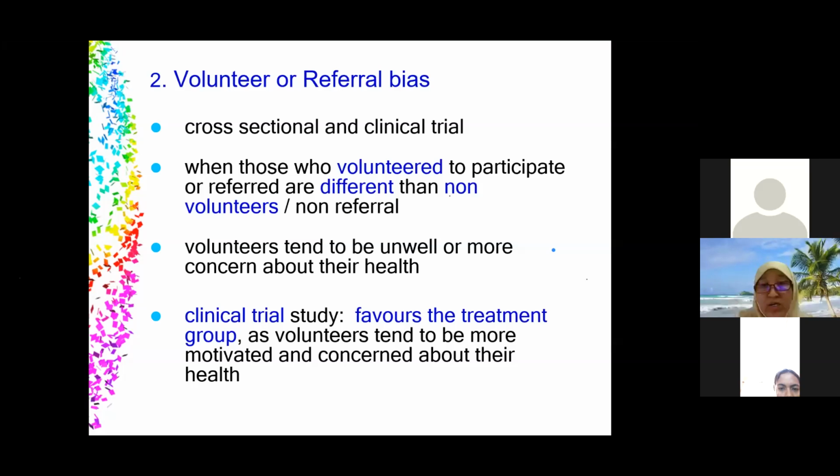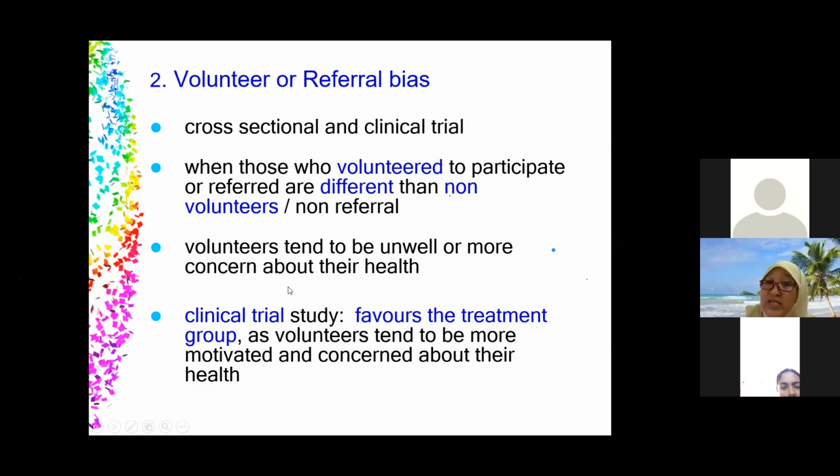Jadi bila you baca tu, you tengok, if they say, okay, the sample is actually a volunteer sample, so in your mind, you already take note, okay, if the sample is voluntary, then you know what kind of bias is introduced in this study. So when you interpret the result, the result has to be interpreted with caution.